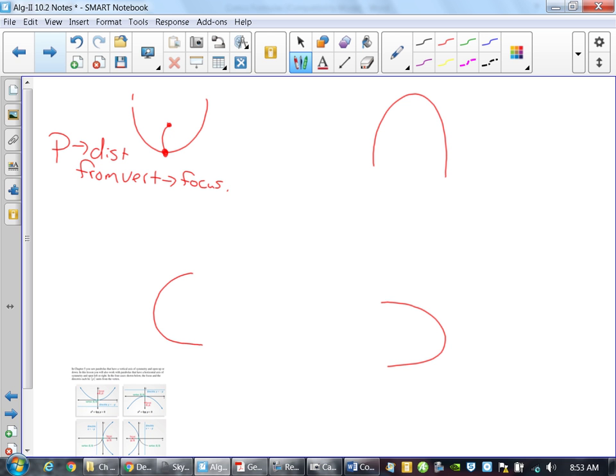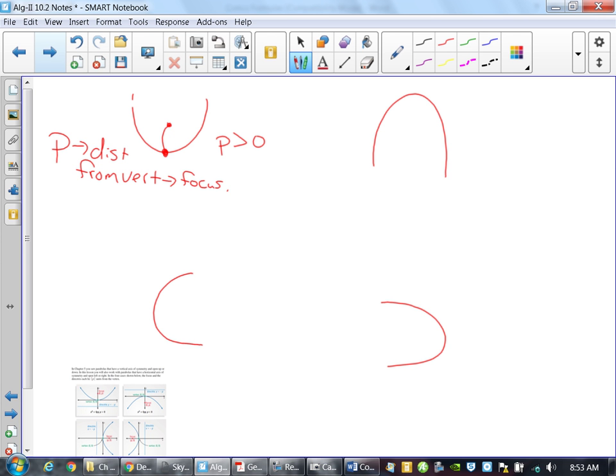So this p-value is always going to be your distance from your vertex to focus. If it's up like a cup, your p-value will always be positive. Now, if that distance from vertex to focus is your p-value, the opposite of p would be your distance from your vertex to your directrix.